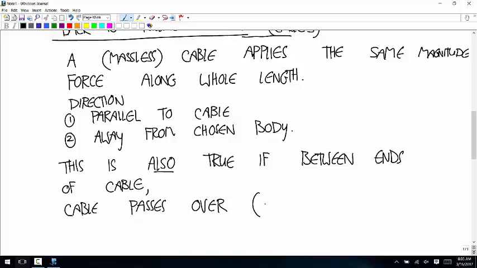And these assumptions only hold if we treat the pulleys as being massless and frictionless, which is usually a pretty good assumption. Because usually the other forces that we're dealing with are a lot bigger than the friction force and the forces that come from the mass of the pulley.